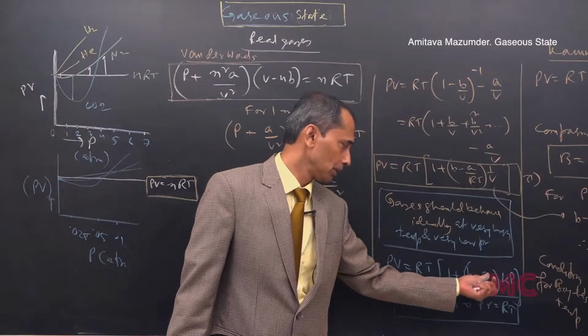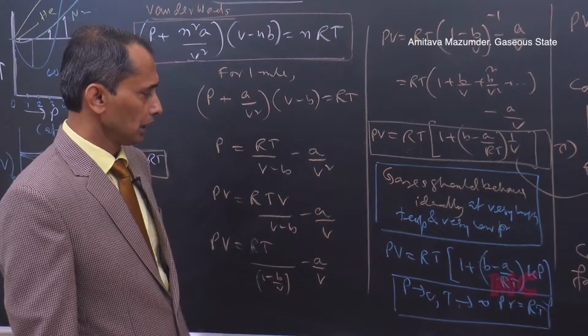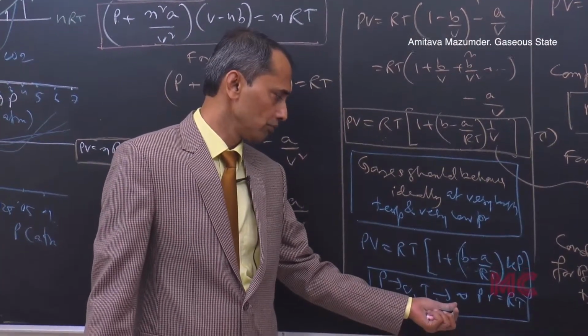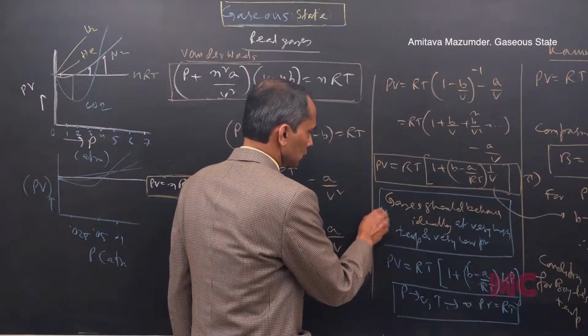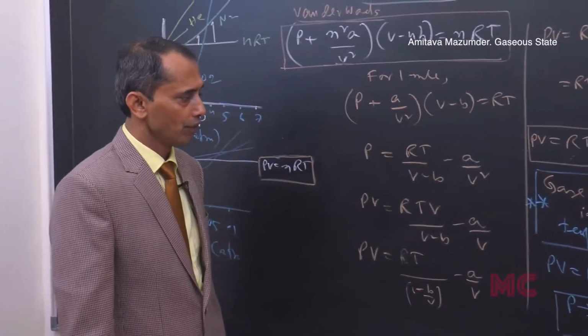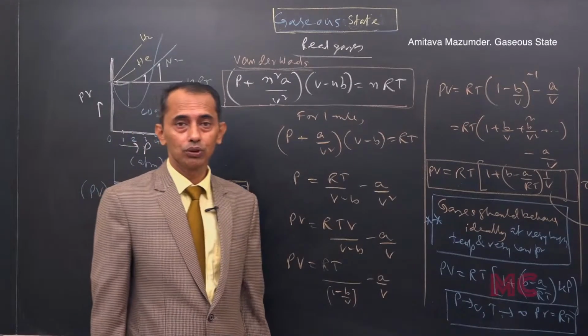So b − a/RT into KP, with P tending to 0 and T tending to infinity, we get PV = RT. So it is true that gases should behave ideally at very high temperature and very low pressure. With the help of the van der Waals equation, we can prove it.